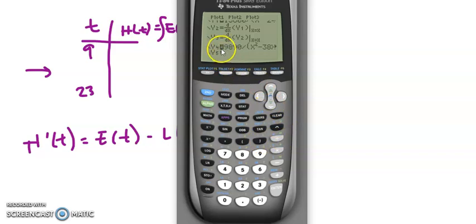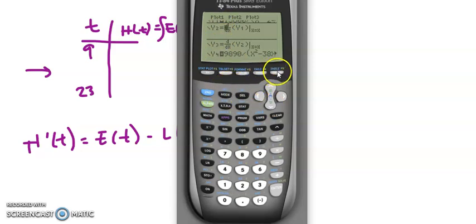And I only want to see y4 and y1 because I want to find the intersection of those. So just make sure your y2 and your y3, which I don't like to remove, I like them always to be there. We don't need them for this problem, but I'm going to leave them there. I just don't want to see them, so my equal signs aren't highlighted.